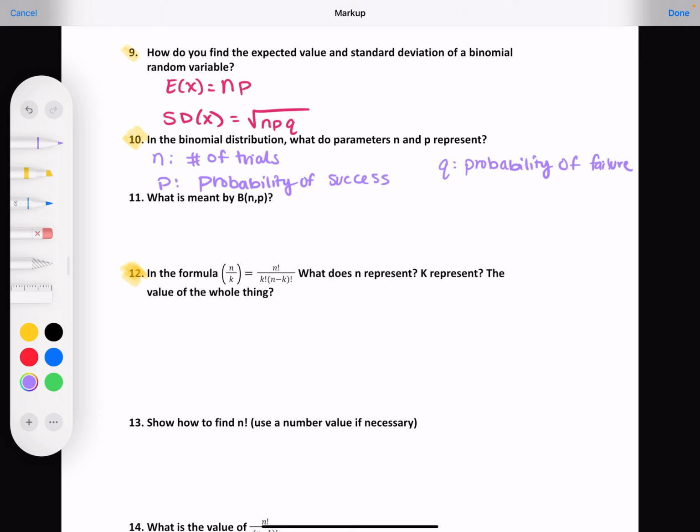This next thing is that combinations thing that I had previously been writing like this. I am going to explain this to you, but I need to see if it's actually on the quiz.